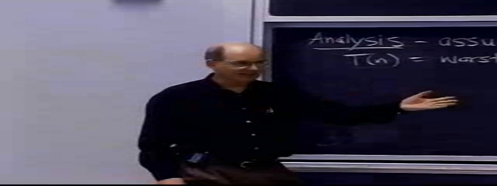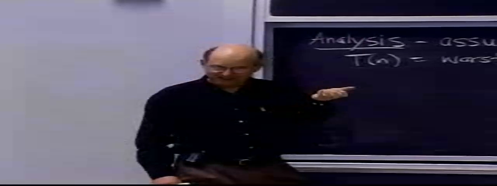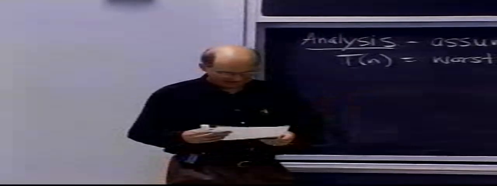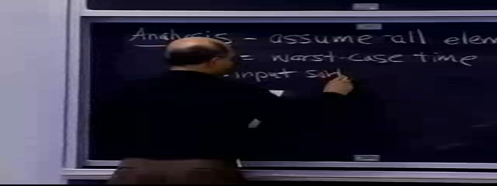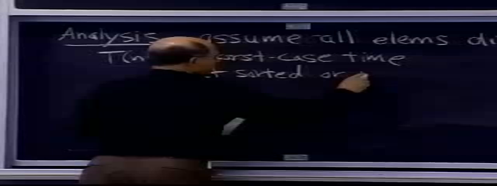What's another worst case for this? Yeah, reverse sorted. Same thing. Now it does a partition on the largest element every time. So the worst case is either the input is sorted or reverse sorted.